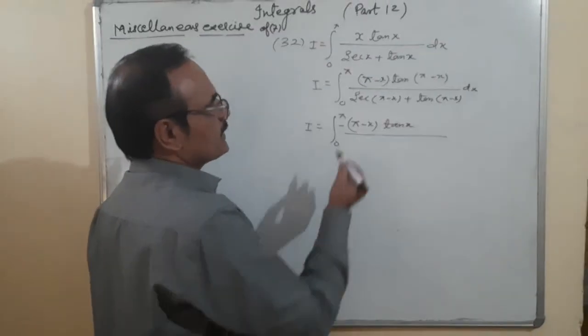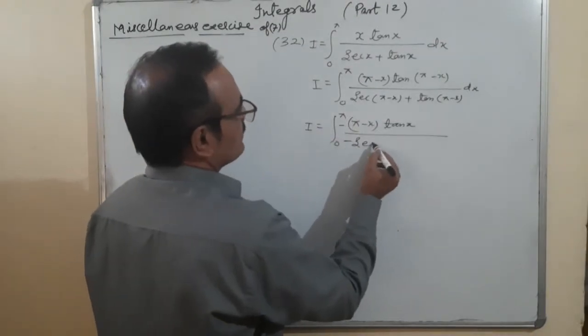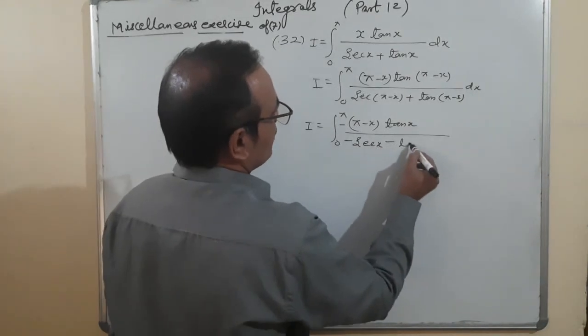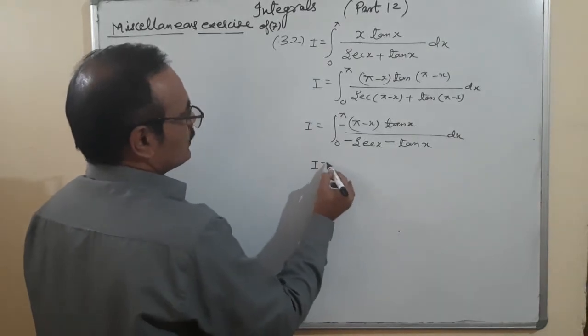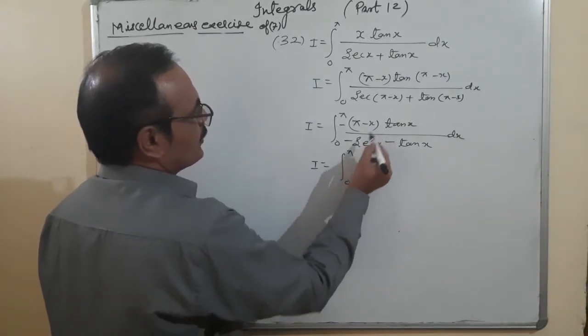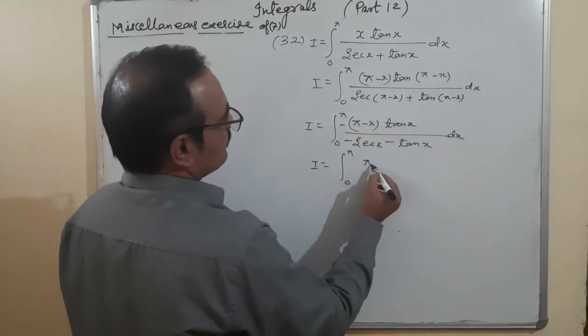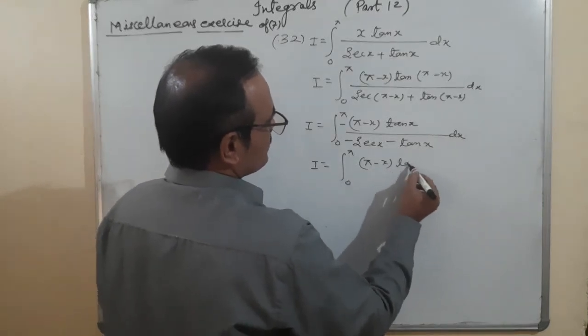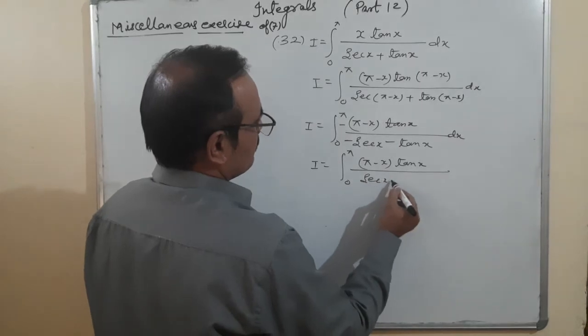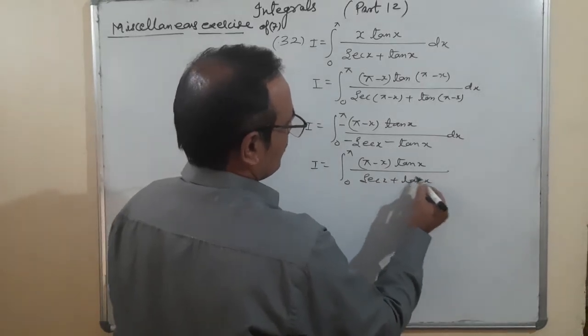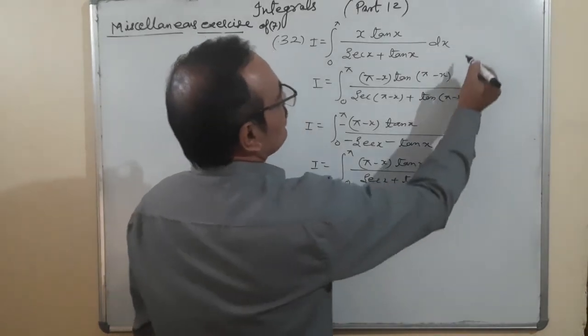Sec 180 minus x in the second quadrant is minus sec x, and again minus tan x dx. I is equal to, I'll take minus sign common from numerator and denominator. It will be cancelled directly: pi minus x tan x upon sec x plus tan x dx. Okay, this is number 1.